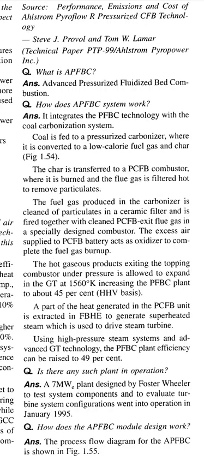The fuel gas produced in the carbonizer is cleaned of particulates in a ceramic filter and is fired together with cleaned PCFB exit flue gas in a specially designed combustor. The excess air supplied to the PCFB battery acts as an oxidizer to complete the fuel gas burnup.